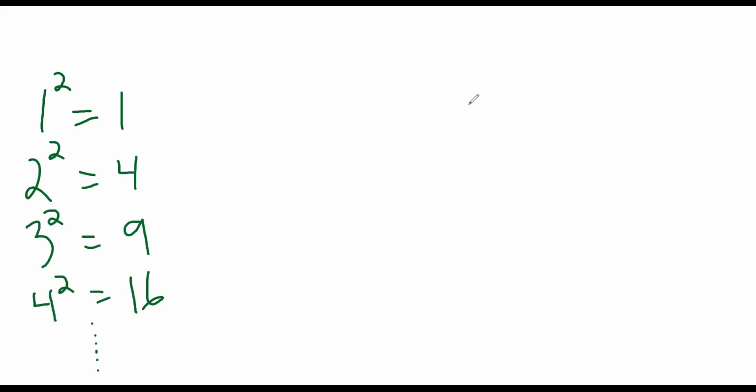It'll be good measure, if you know your 12 by 12 multiplication table, you automatically know the first 12 squares. You can go all the way up to 12 squared. It probably wouldn't hurt to go all the way up to 20 squared and memorize that. 13 squared, 14 squared, 15 squared, and so on. It probably wouldn't hurt, in my humble opinion.